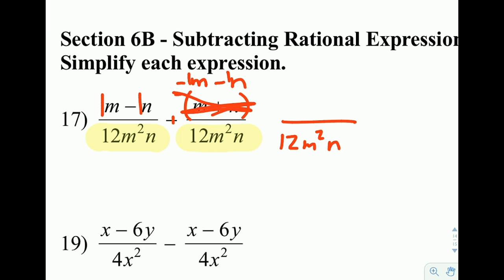So I have a 1m and a -1m, which cancel each other out to 0. I have a -1n minus 1n, so -2n, that I end up with right here. Now in my finalized fraction, you can see that I have one group on top, one group on bottom. No addition or subtraction going on, so there's no need to factor anything.